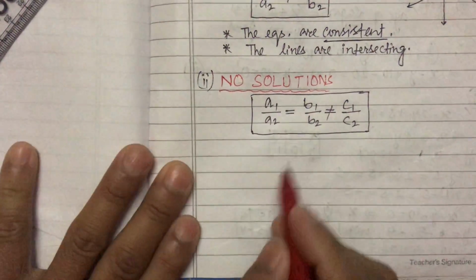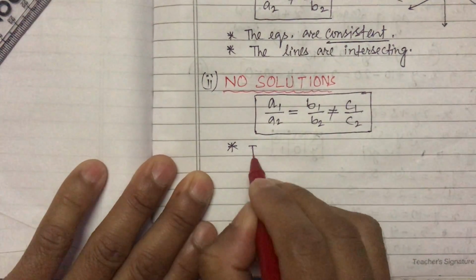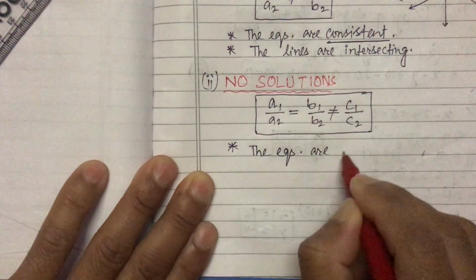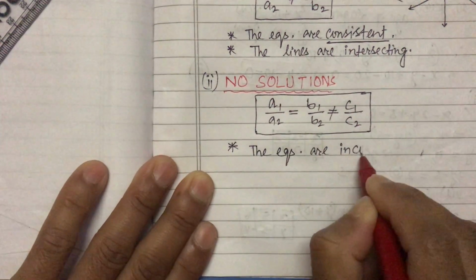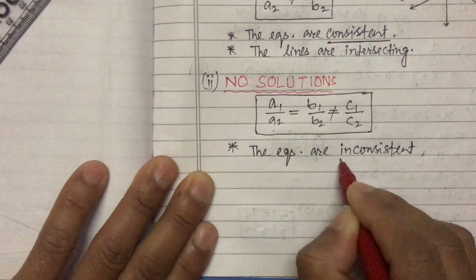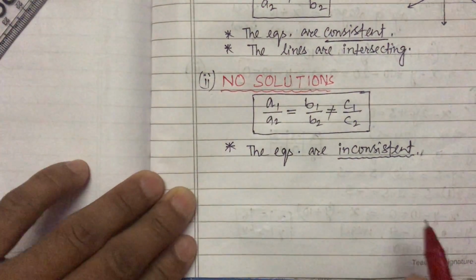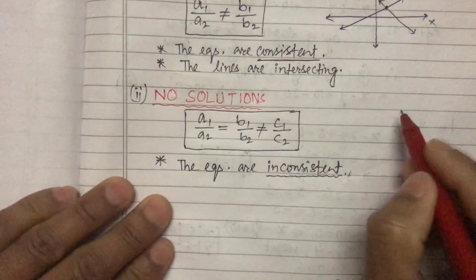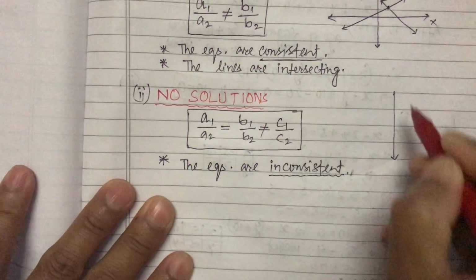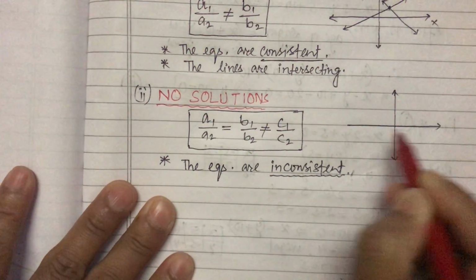And this also we discussed earlier. In this case we call such equations inconsistent. Okay, this was the term we use in the graphical method. And if you see the graph, now easily you can make out. Now I think you already understood the nature of the graph. There only we discussed.